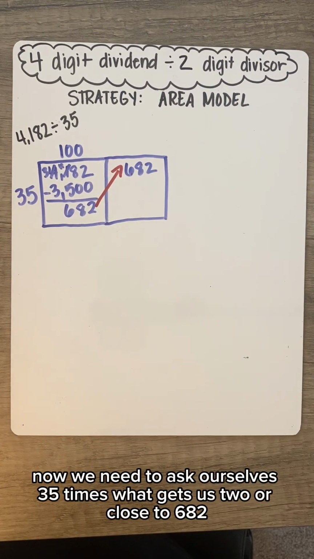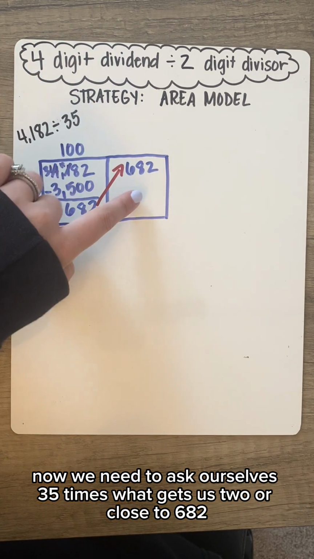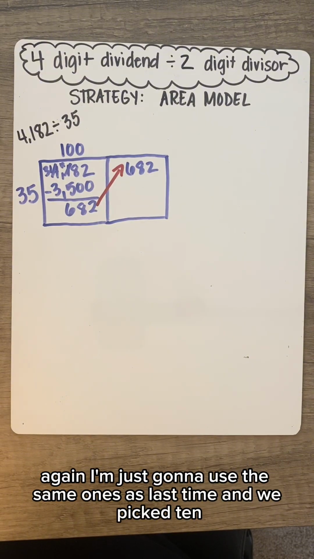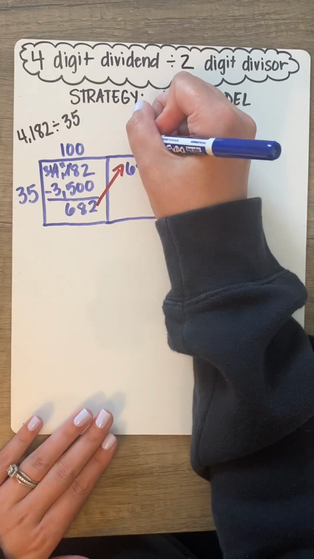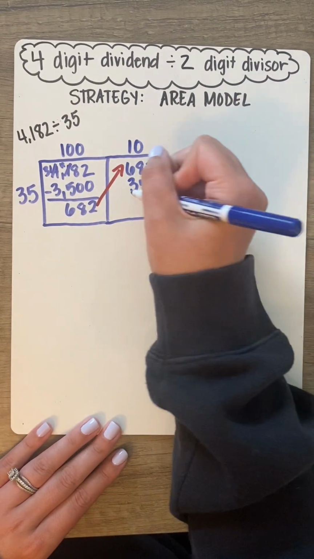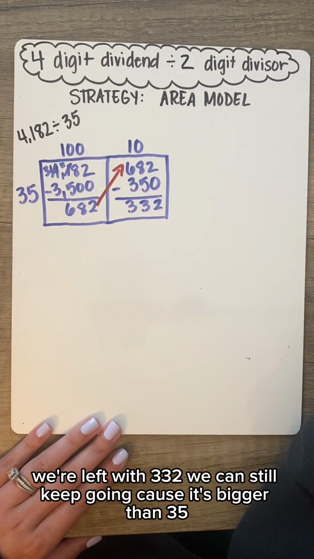Now we need to ask ourselves 35 times what gets us to or close to 682. Again, I'm just going to use the same ones as last time, and we picked 10. 10 times 35, subtract. We're left with 332.